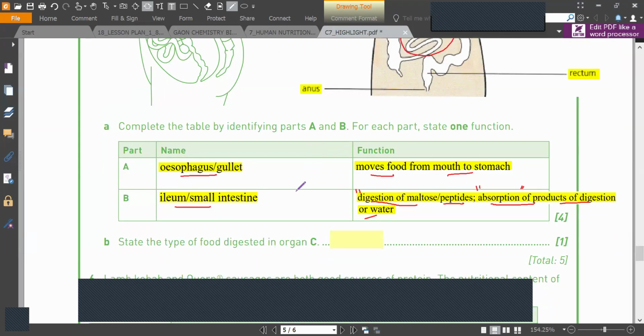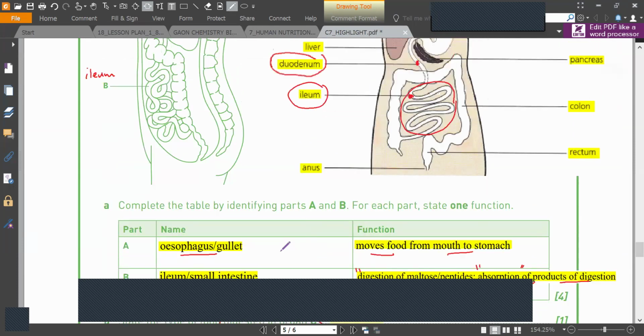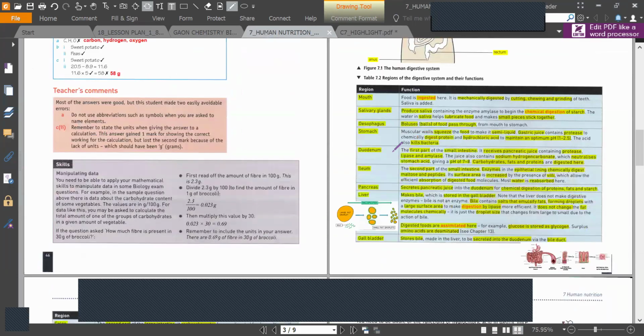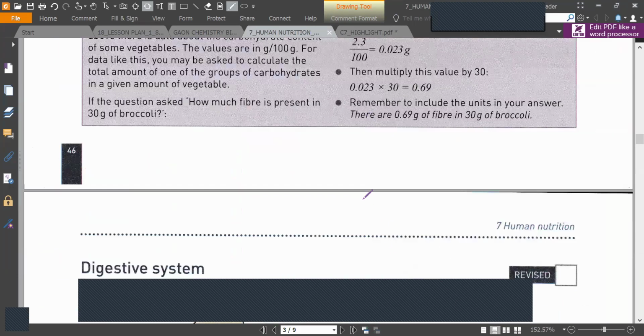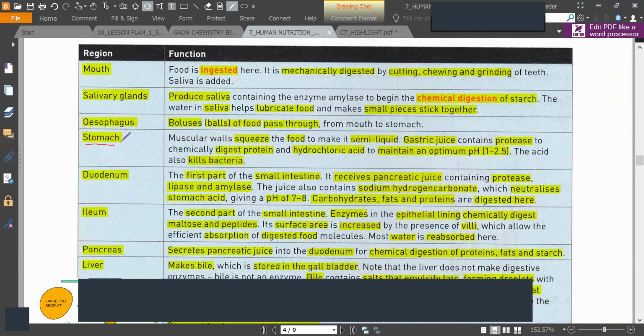Next, the type of food digested in organ C. C corresponds to the stomach here. So the main food digested in the stomach is protein.